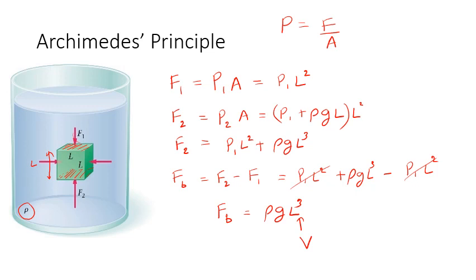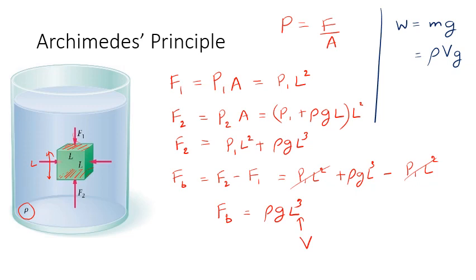So what is weight? Weight is given by mass times the gravitational acceleration constant. Here, what is the mass? Mass is density times volume, rho V, multiplied by G. Here rho is the density and V is the volume.